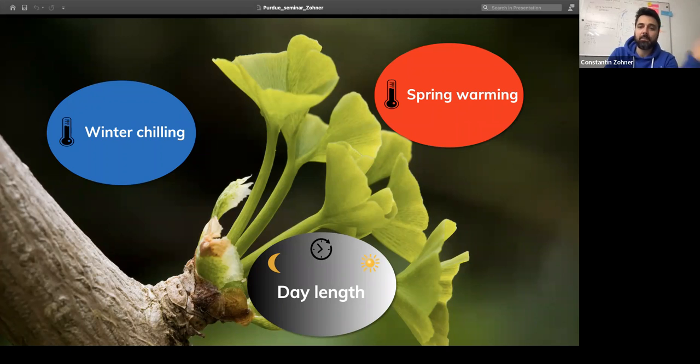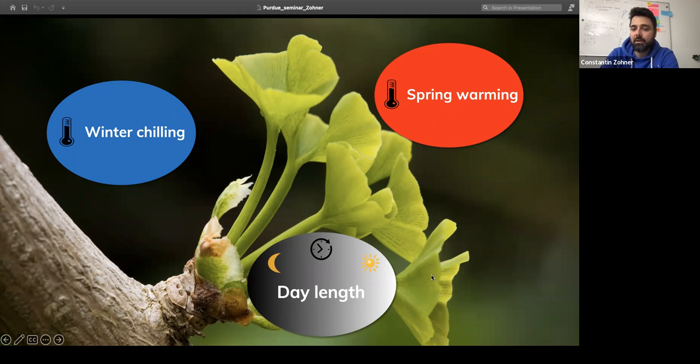One is winter chilling, meaning that most trees, but also herbaceous plants, need a certain amount of cooling temperature during winter to be able to leave out in spring, and the less chilling they have, the later they can be expected to leave out in spring. So this would kind of counterbalance the spring warming effect.